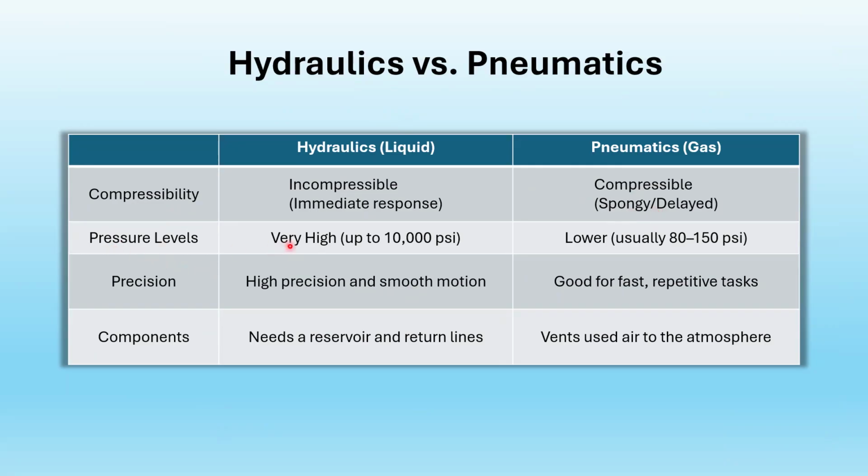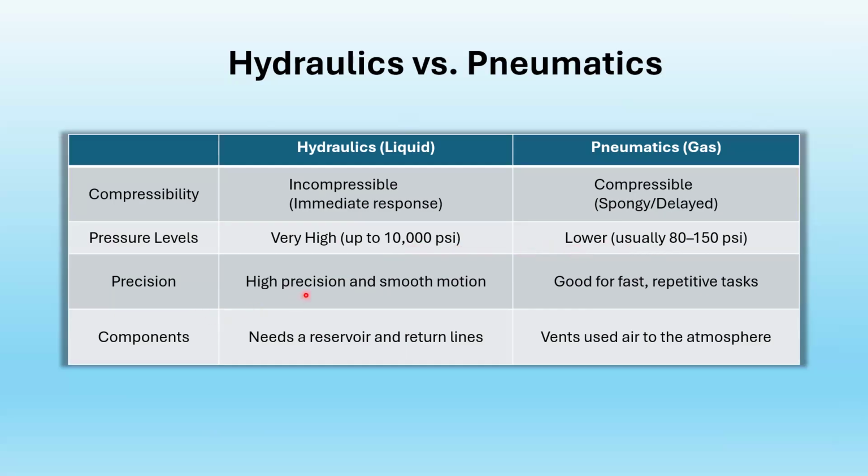Pressure levels: let's look at pneumatics first. It's usually lower pressure, 80 to 150 psi, which is pounds per square inch. And look at that: much higher pressure with hydraulics, up to 10,000 psi. That's not even close to each other.